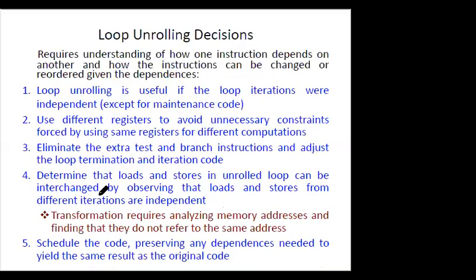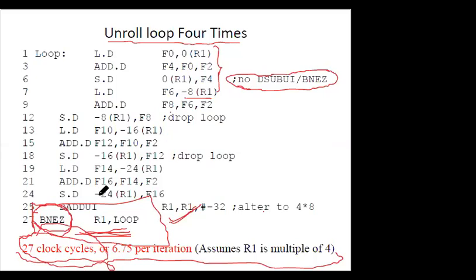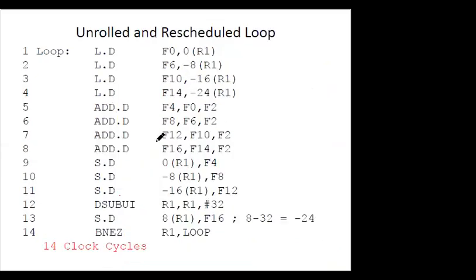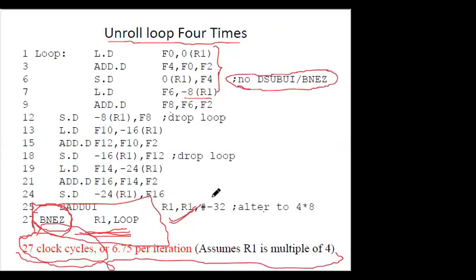Let us see, apart from unrolling, one more thing we can perform on this part. If we unroll the program, we can also reschedule it. There were stalls involved on every part.